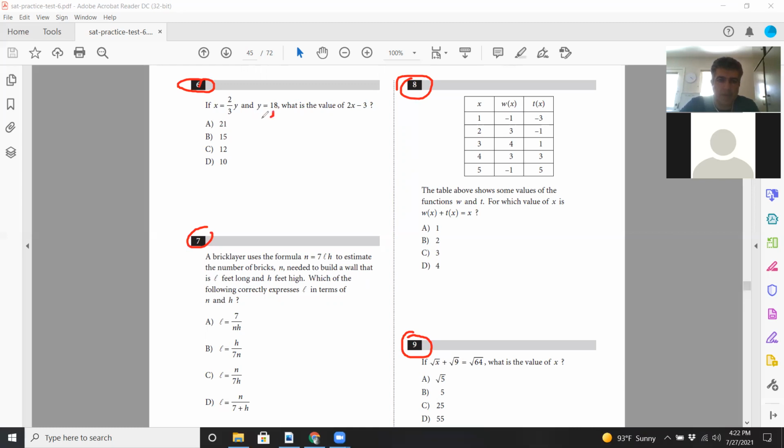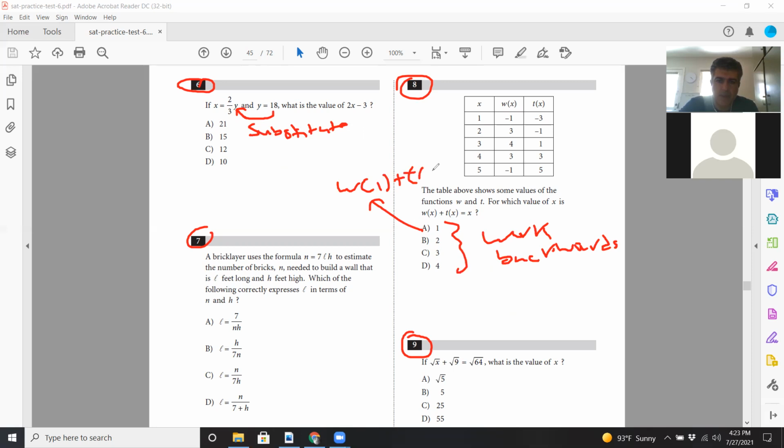Again, what you're going to want to do is substitute here. And here I'd work backwards for number 8. So for example, if x were 1, then do w of 1 plus t of 1 to see what that equals.